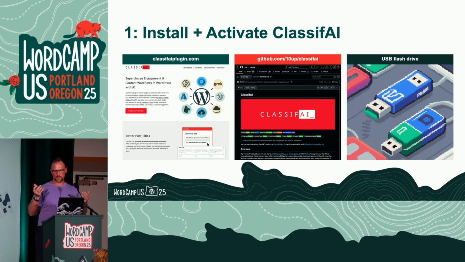So again, WordPress Studio, Local WP, DevKinsta, etc. You want that installed, and then you want to add the ClassifAI plugin. You can get that from classifaiplugin.com. That is effectively the marketing site there. You can register on that site. Effectively, when you register, you get a key to plug into ClassifAI that unlocks automatic updates, just like you would see from other plugins. If you don't register, don't worry.